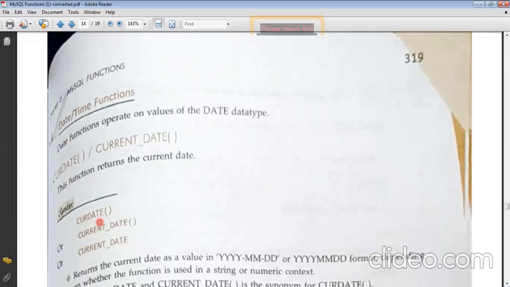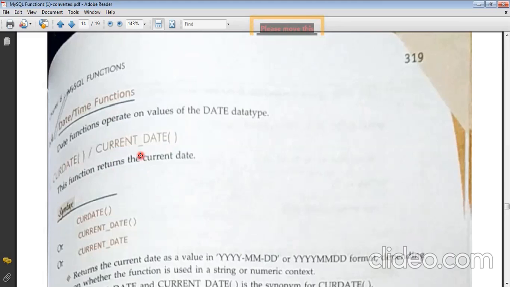There is some syntax to be written if you want to extract the current date. There are many functions like this which work only on dates. Some of them work on year, some on month, and then date, then days. So there are different functions under this topic.